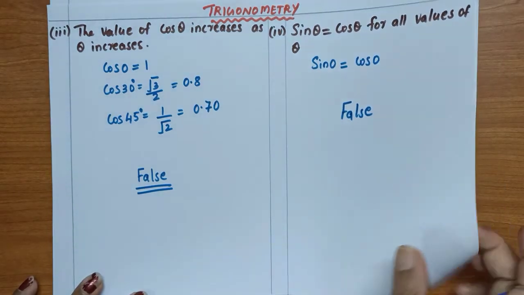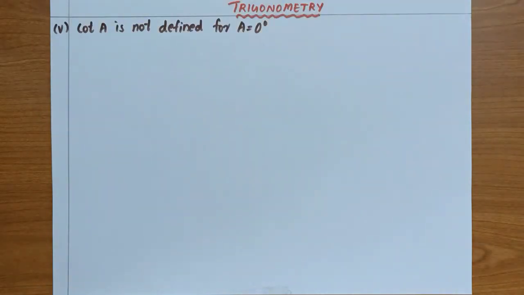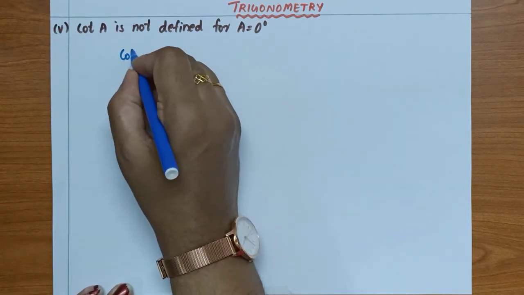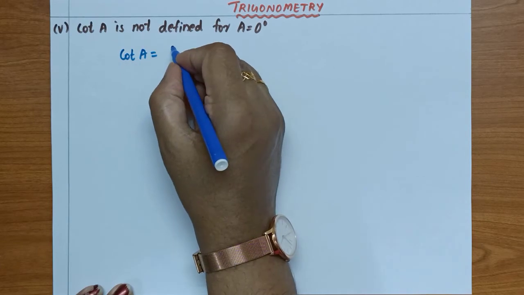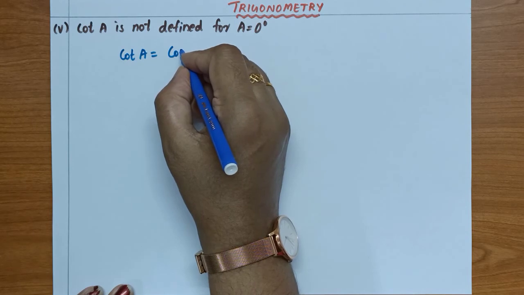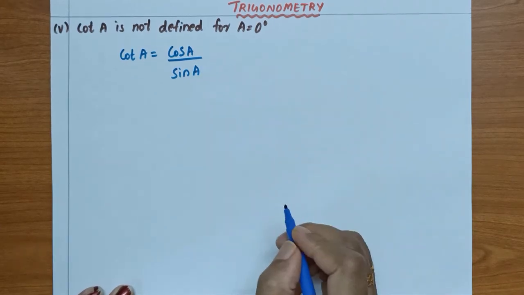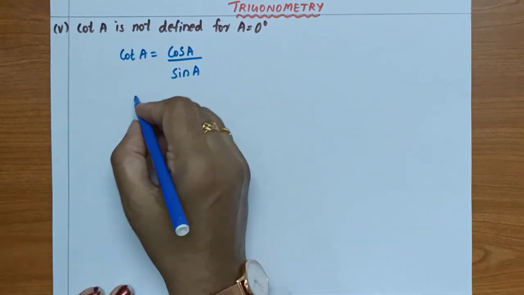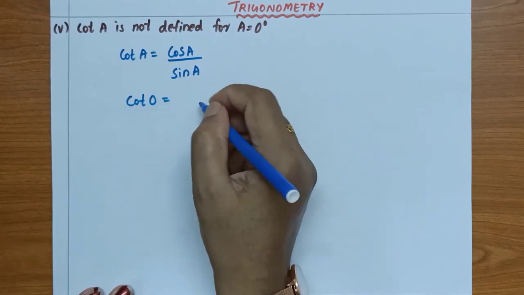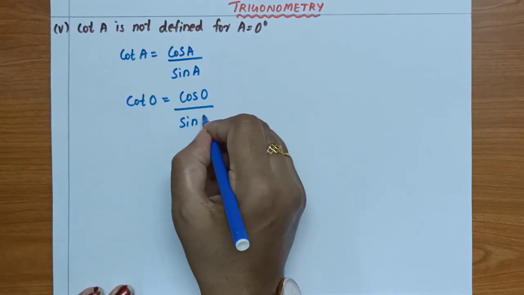Now, question number 5. Cot A is not defined for A equal to 0 degree. Cot A is the inverse of tan A, so cot A equals cos A by sin A. Here A equals 0. So cot 0 equals cos 0 by sin 0.